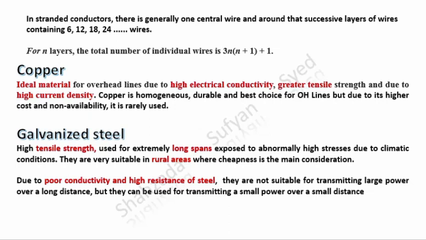It is best suited for rural areas where cheapness is the main consideration. But due to the poor conductivity and high resistance of steel, it is not suitable for transmitting large power over a long distance, but it can be used for transmitting small power over a small distance.